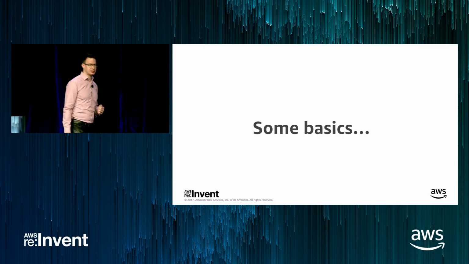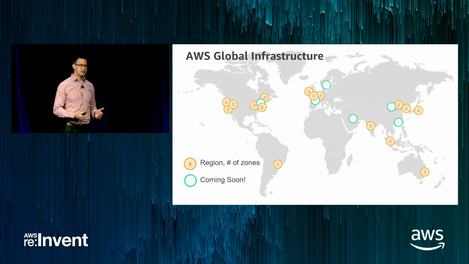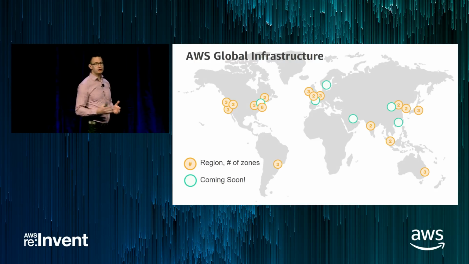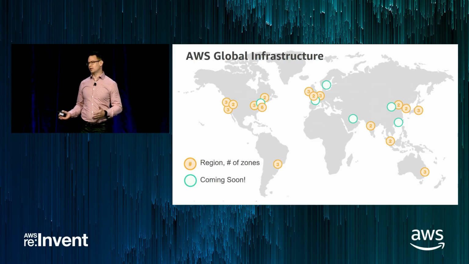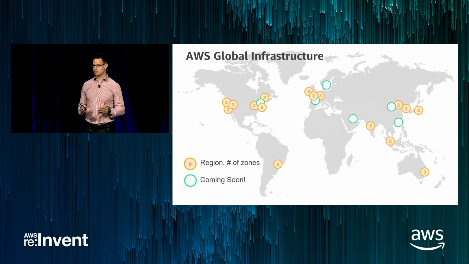Let's cover some basics. One of the first things you'll use to help you scale is the AWS Global Infrastructure. We have 16 regions around the world, and more to come. And in each region, we have multiple availability zones, each isolated from one another in terms of power, internet, geographical risks, yet close enough together to enable single-digit millisecond latency.